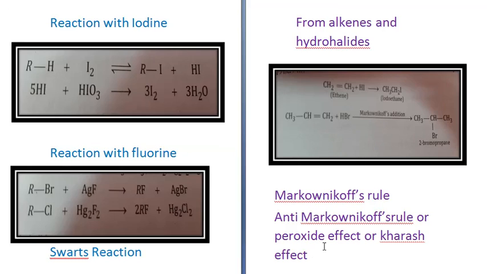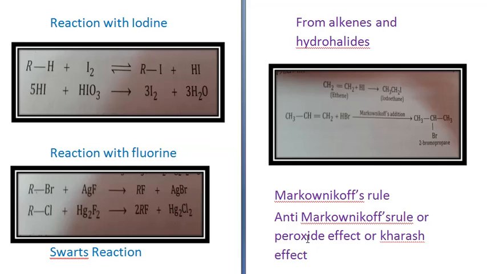Now sometimes when peroxide such as benzoyl peroxide is present in the same reaction with an unsymmetrical alkene, the addition takes place against Markovnikov's rule. It is also called anti-Markovnikov's rule or peroxide effect or Kharasch effect.